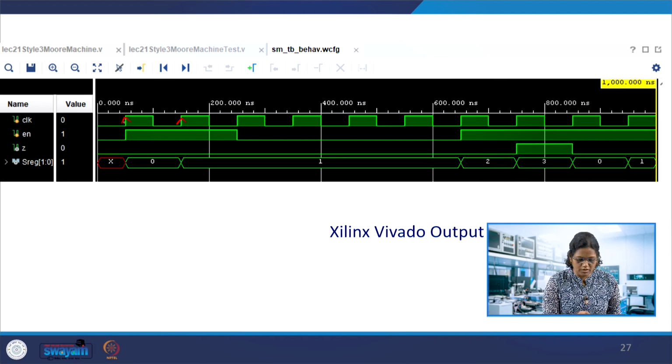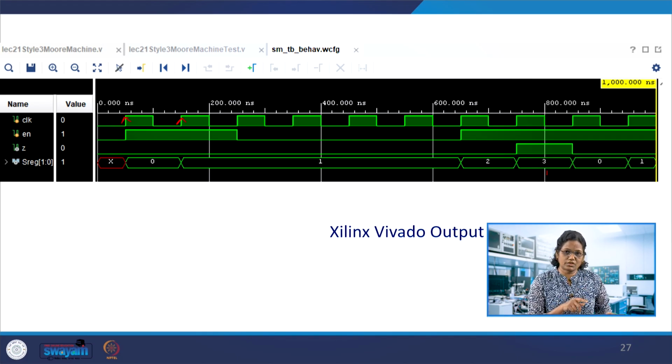Over here, it starts in the initial state 0 0, and then because enable is 1, it moves to the first state. After that, enable is 0, so it stays there, and then enable is 1 and it keeps moving. At this state it gives 1. So it is the same output we got in the previous case also. The style of coding is that we have brought the if-else statements for the output logic into the next state logic.